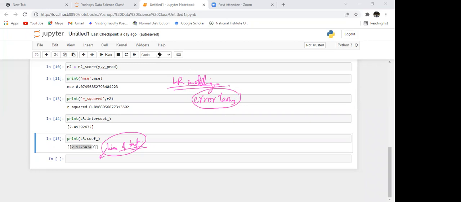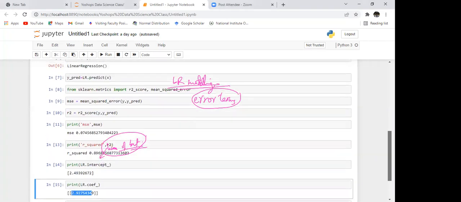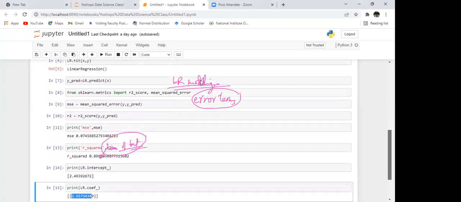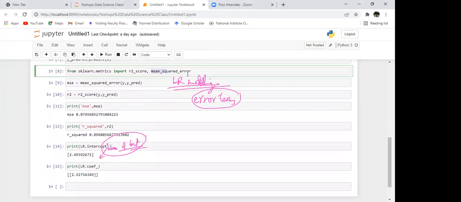Out of multiple error terms, last class we saw this one, right? I showed you this one, mean squared error. Your sklearn library provides you metrics from which you can call mean squared error.